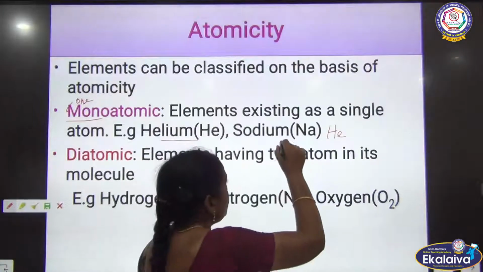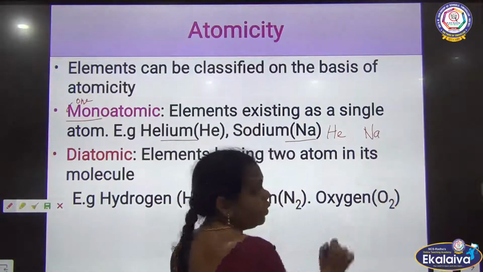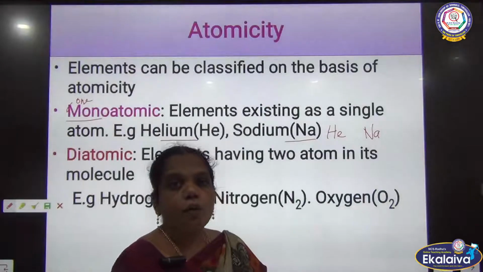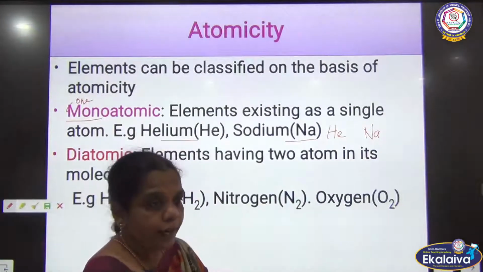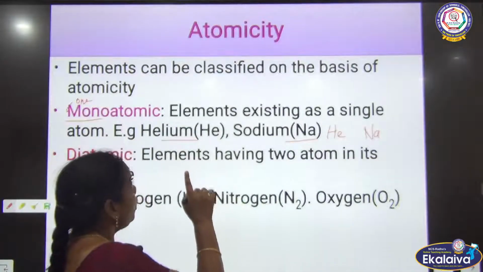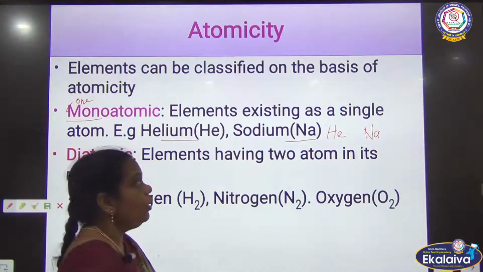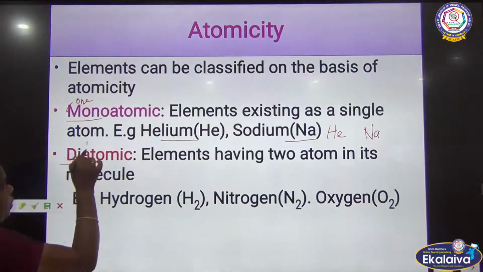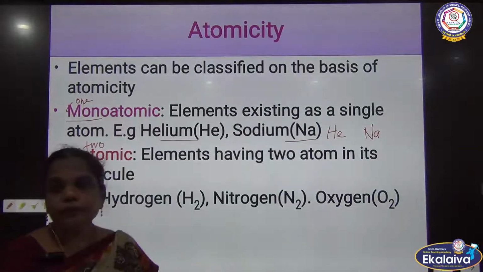And then for sodium, Na, there is no subscript, so the atomicity is 1. So 1 means mono. So an element that exists as one single atom is called what? Monoatomic. And diatomic. Di means what? 2, two atoms.